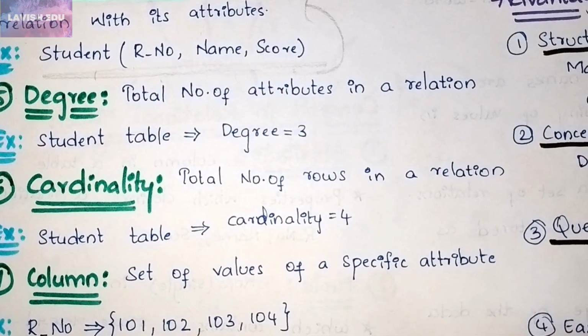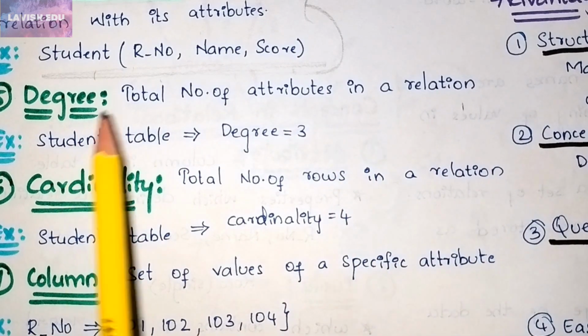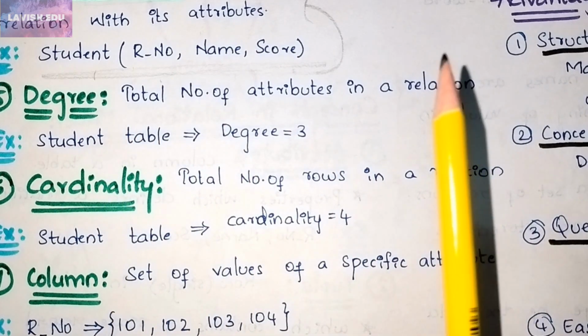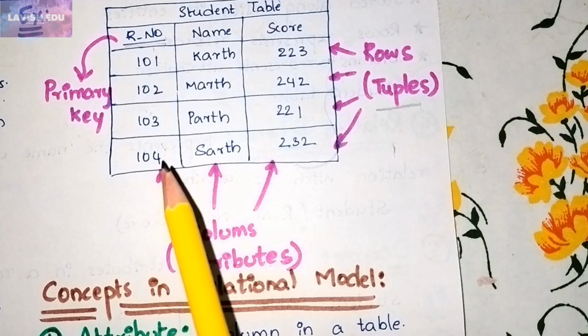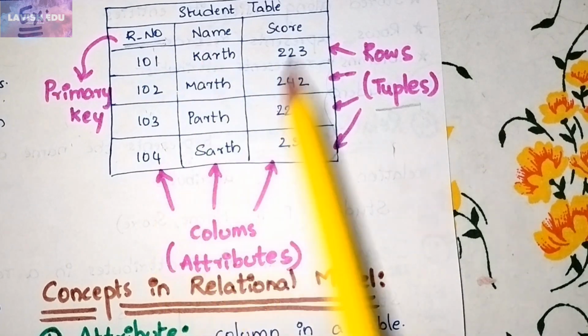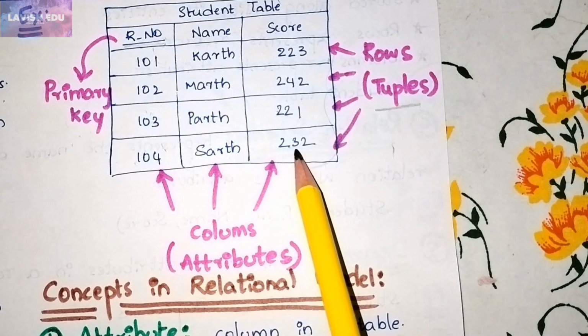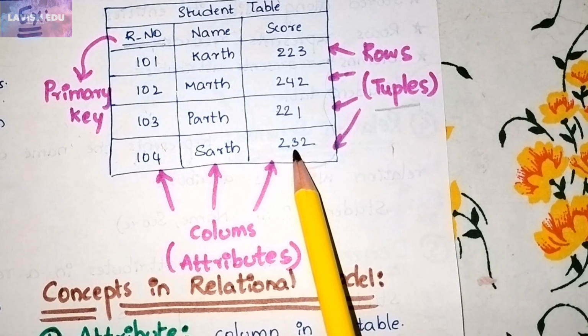And next we have degree. The total number of attributes in a relation is considered to be the degree. In the above example, as we can see, we have 1, 2, and 3 attributes, that is 3 columns. That's why the degree of the relation is 3.